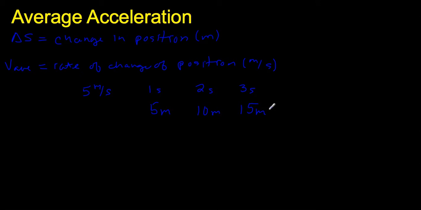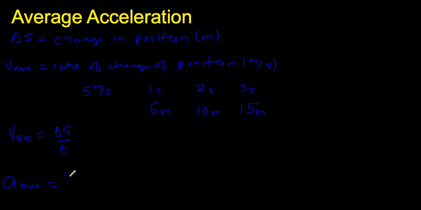Well, we can incorporate one other rate into this, and this is the average acceleration. If we continue to do what we did before, for average velocity we said delta S over the time. Well, for average acceleration, we're going to do the same thing.